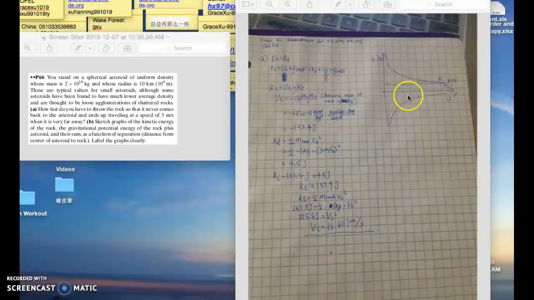So if we want to find, say, the force acting on the rock when it's a certain distance from the asteroid, we can just find a corresponding point on the U graph, measure the slope, and the negative of that slope would give us the force that's acting on the rock.